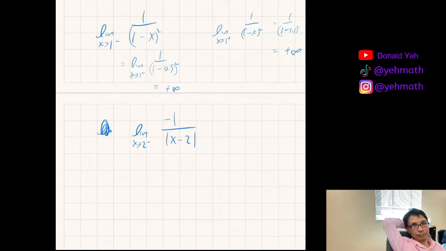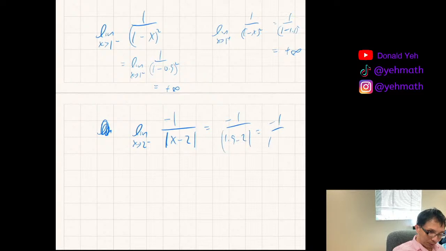That would be negative infinity because you got negative 1 over 1.9 minus 2, right? That's going to be negative 1 over the absolute value of negative 0.1. That's negative 1 over positive 0.1. So that's going to be negative infinity. So the answer is going to be negative infinity.